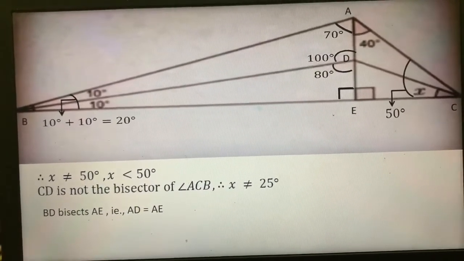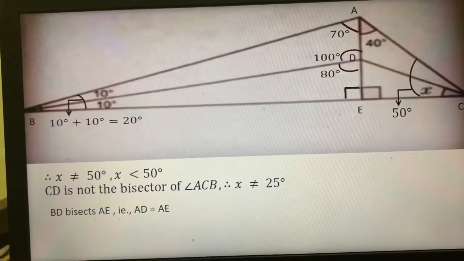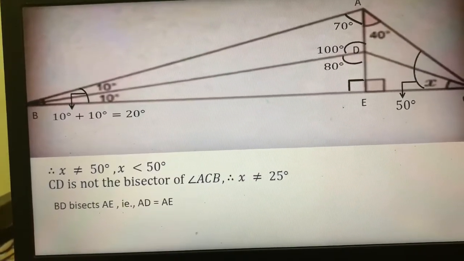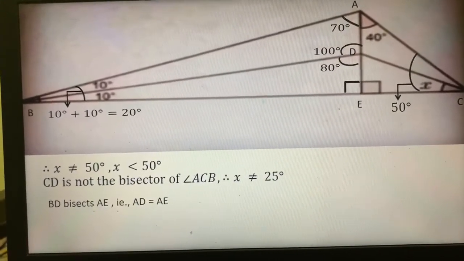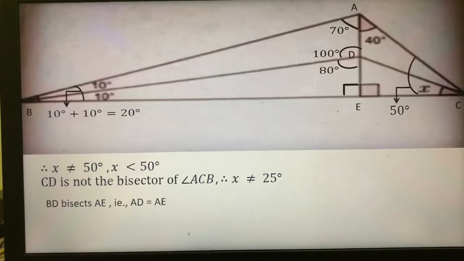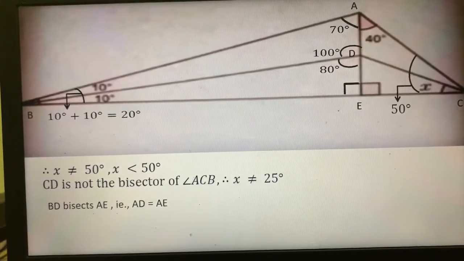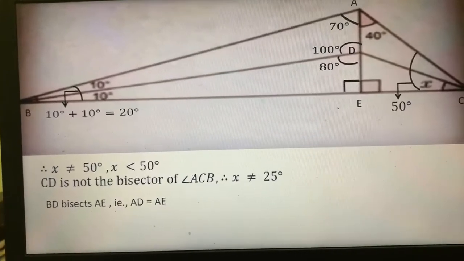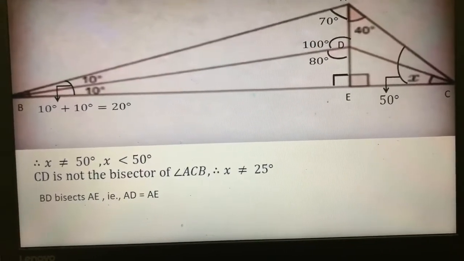No. From the picture we are saying it looks like AD equals DE, so let us assume BD bisects AE. And what happens when we assume that BD bisects AE? It gives us an ease of calculation, because AD equals DE means AE equals twice DE. So it gives some ease in calculating tan x or sin x.